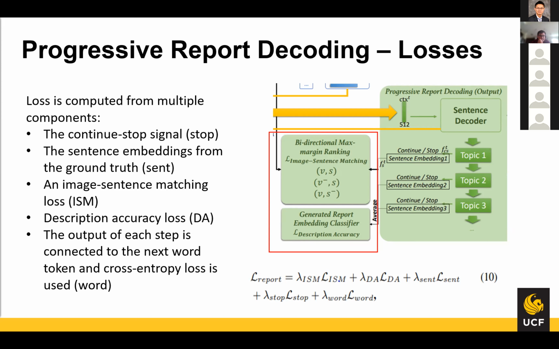And then the output of each step was connected to the next word token, and a cross entropy loss was computed there as well.